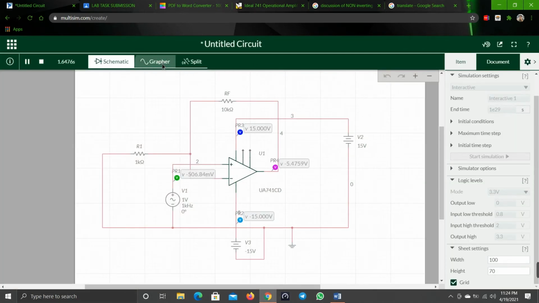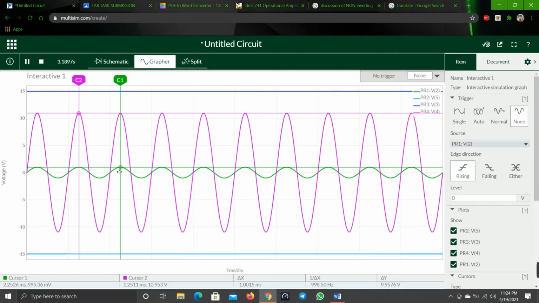And here is the sine wave. We put the probe same as before. We put the higher one and get the measurement. So let's go to the next step.